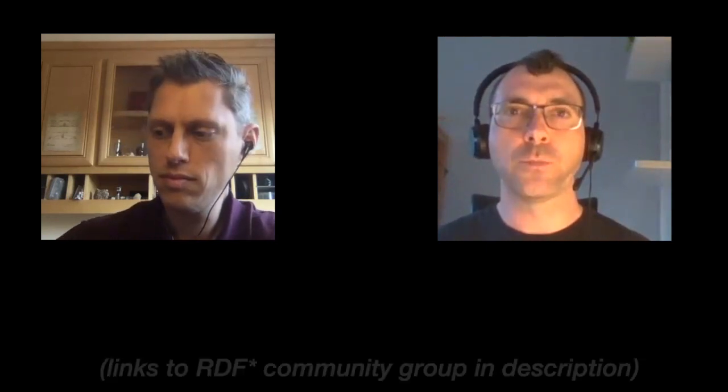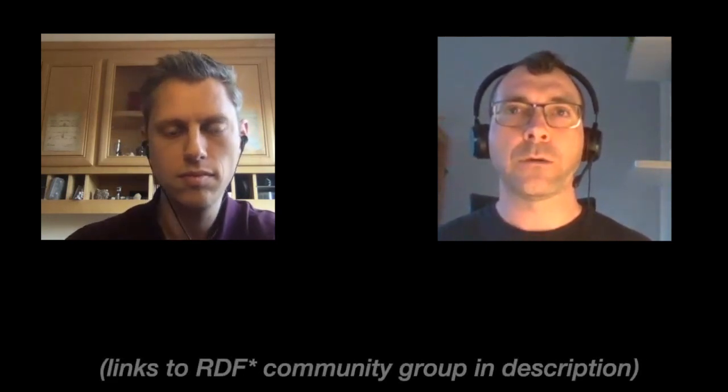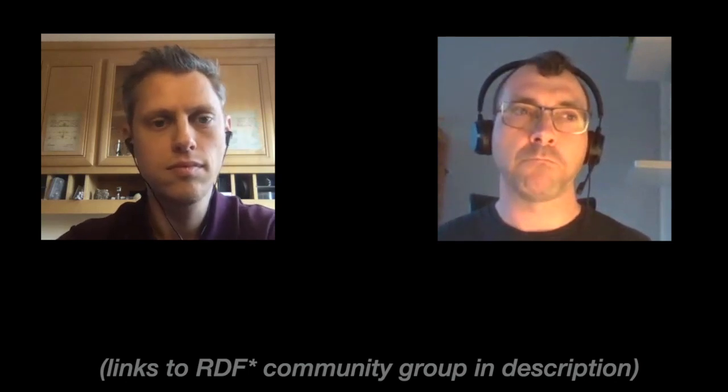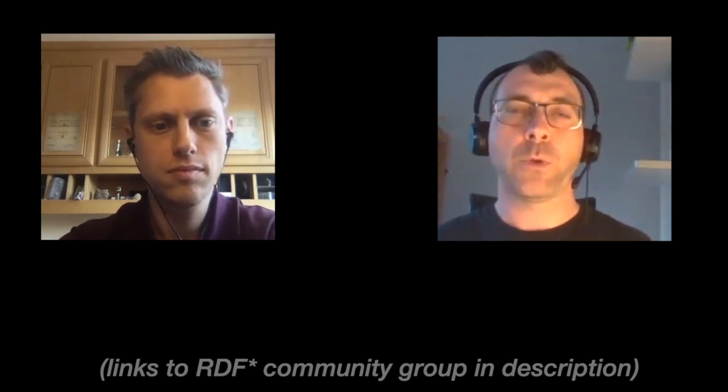So this idea has been floating around in the community since a long time. And now about a year ago, we have really formed a community group in which we are working on a community group report where we really are standardizing the approach.